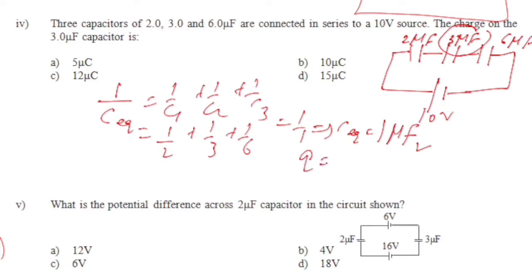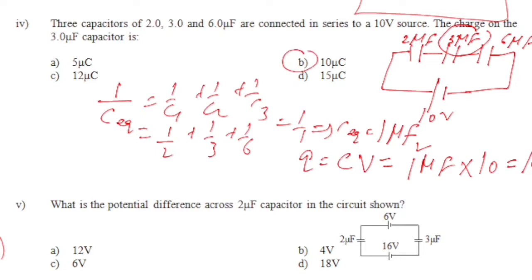Q equals CV. C is 1 microfarad and V is 10 volt. So you get 10 microcoulomb charge. Which option is correct? 5 microcoulomb, 10 microcoulomb, 12 microcoulomb, 15 microcoulomb. Yes, option B is correct, 10 microcoulomb.